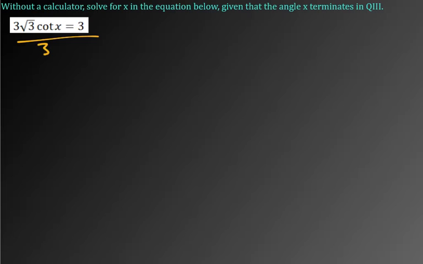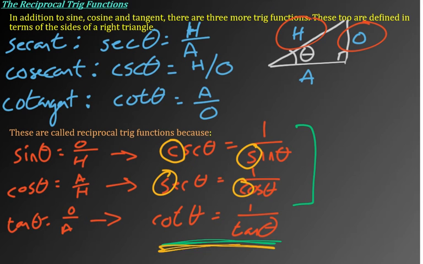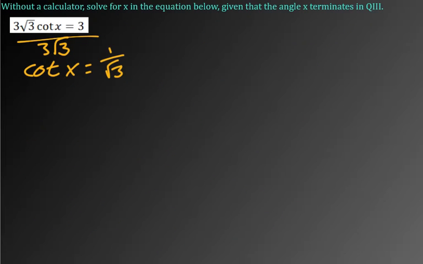So probably the first thing I do is simplify this a little bit. Divide by that 3 root 3. Cotangent of x would then equal 1 over root 3. But we know, I just told you, that cotangent is 1 over tangent. So if I do the reciprocal of both sides, flip this around, I'd have to flip this around, right? That would say that tangent of x is root 3, okay?